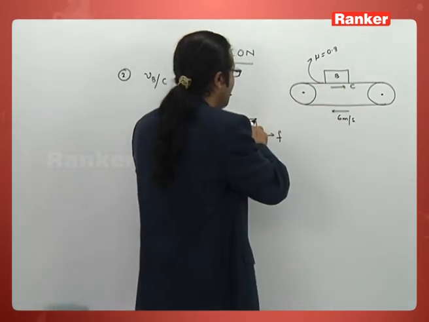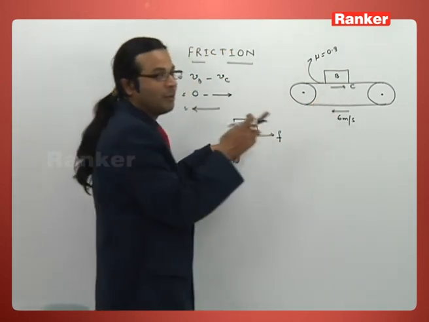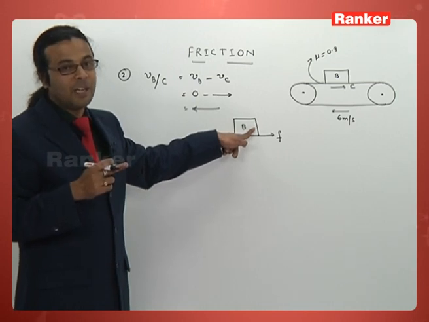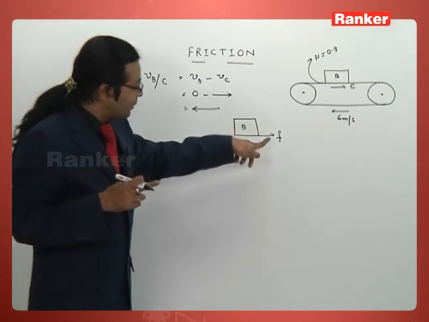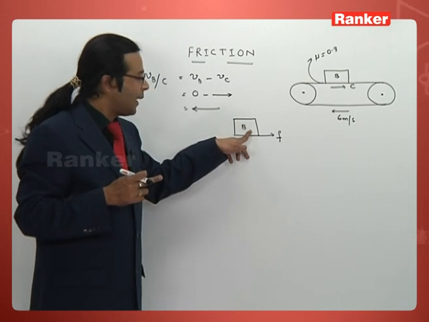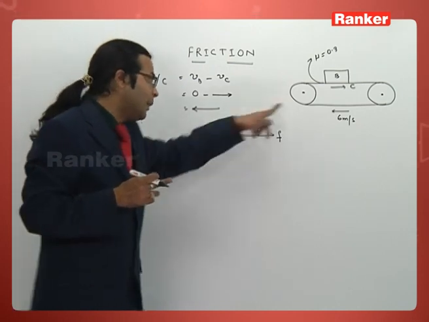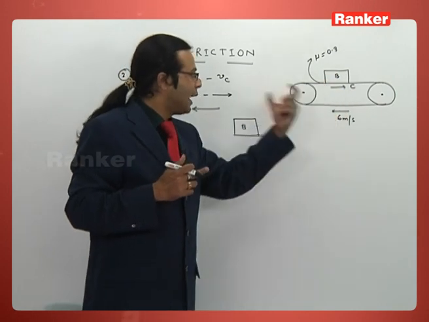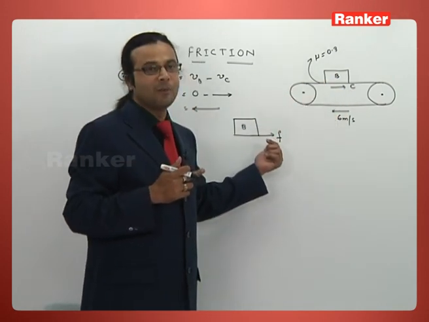That means velocity of block minus velocity of conveyor belt should be equal to 0. The question is asking for the time when relative motion between them will stop. That means this frictional force is trying to accelerate this block to the velocity of the conveyor belt. At that time only the relative motion will stop.